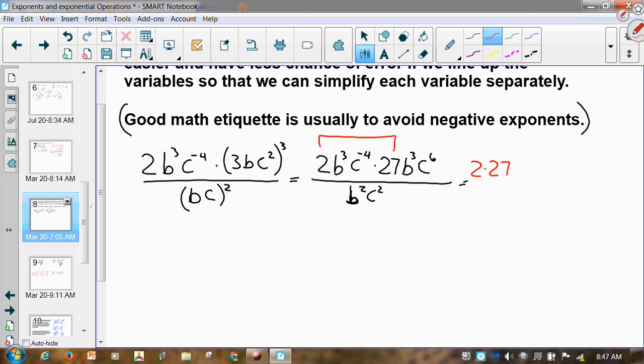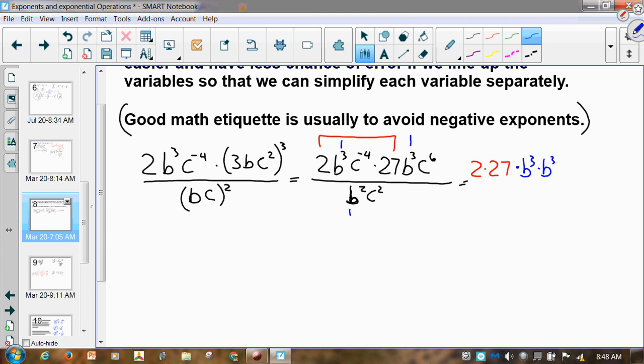Now let's put all our b's together. We got 2 times 27, then we got a b cubed here, a b cubed here, and a b squared down here. So this is b cubed times b cubed times b cubed. Make sure I did all my math right here. B cubed, yep.